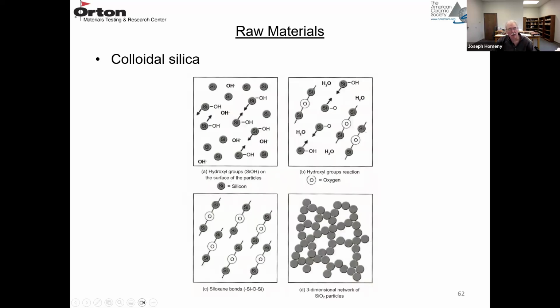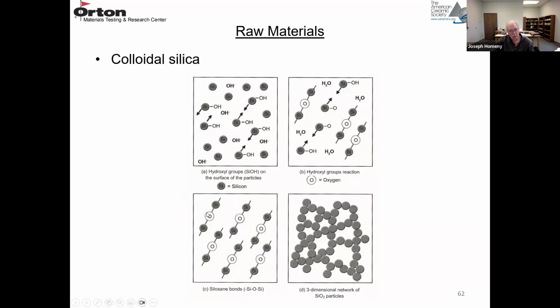So this is just a schematic diagram of the reaction. So the dark circles here with the Si are the silicon particles, and they have OH groups attached to the surface. So here's two particles with their OH groups coming together, and they split off water and form an Si-O-Si bond.